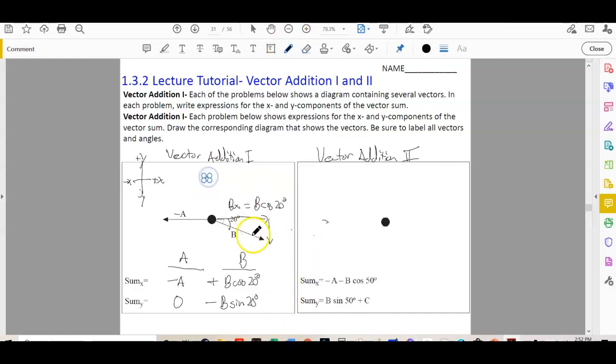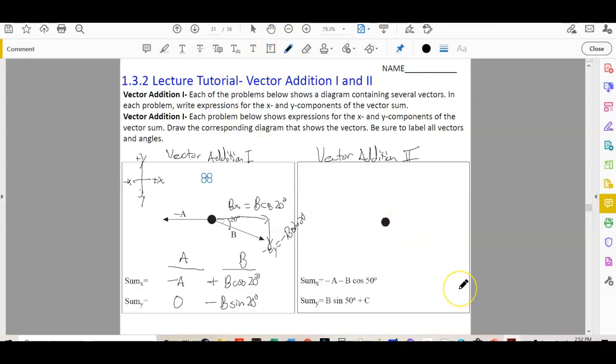So this is going to be negative B sine of 20 degrees. The reason I wanted to rewrite that y direction one is I'm going to need room in here to actually draw vectors. Okay, here we go.